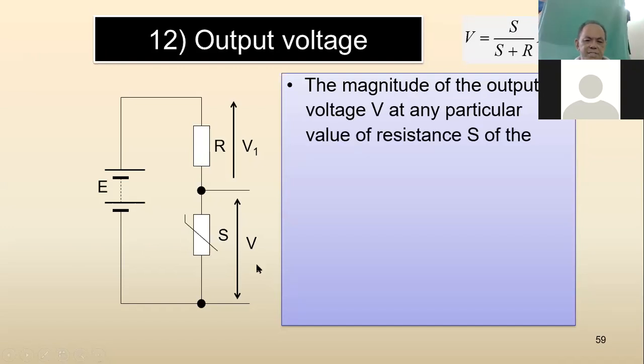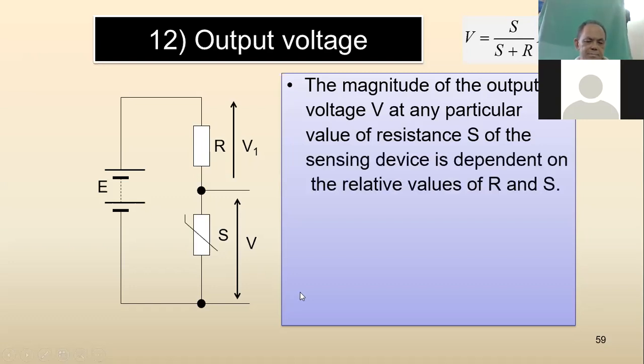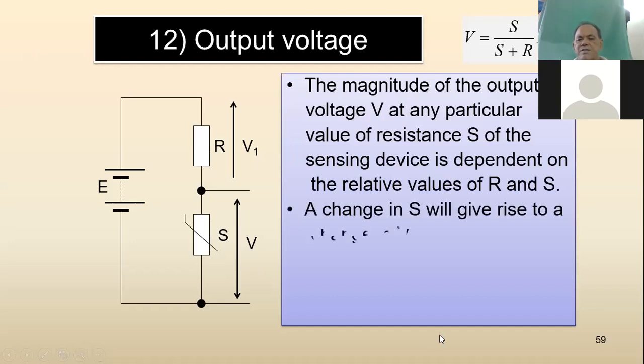At a particular resistance S, you can see from the formula that V depends on S and R. A change in S will give rise to a change in V. So if S changes, it affects this one, but it will affect V also. E is constant.